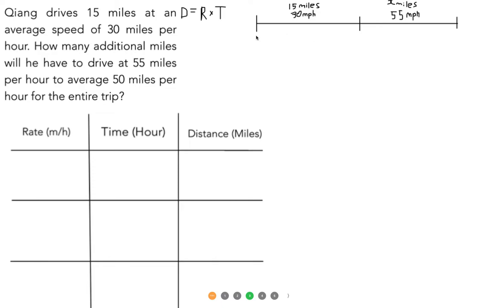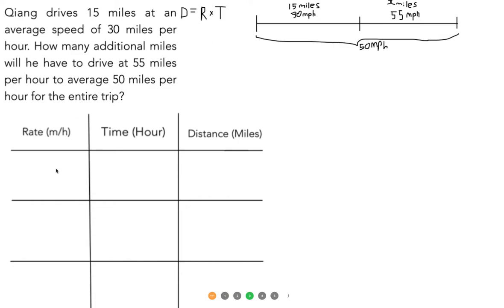And then he has to average for the entire trip at 50 miles per hour. And so that is the diagram for his entire trip.